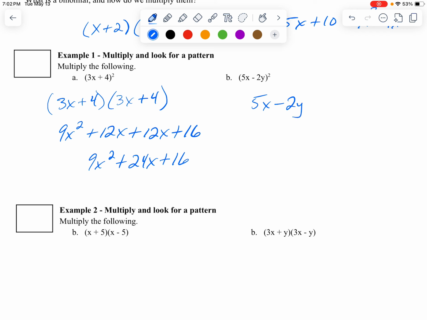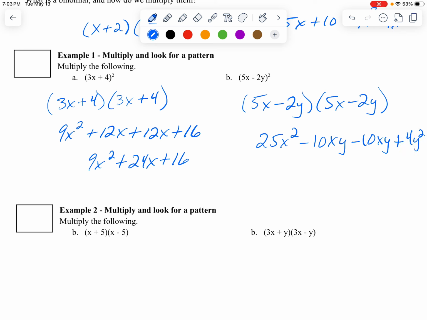It's going to be 5x minus 2y times 5x minus 2y, which would be 25x squared minus 10xy minus 10xy, so there's something that you may notice, plus 4y squared.